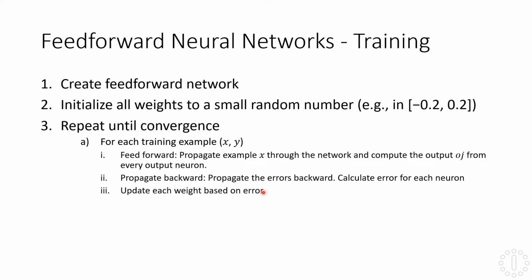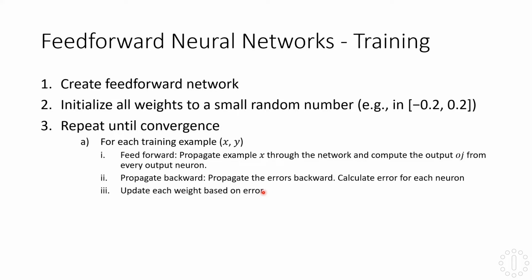What we do here is compute how different the result that we get is from the expected, and then we want to minimize this error. We keep repeating this, so we do this for each training example.